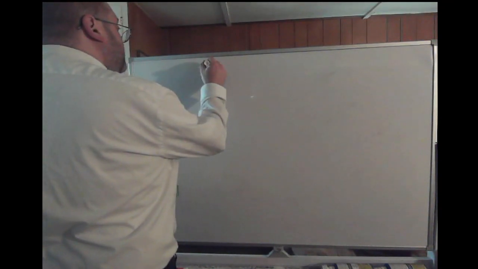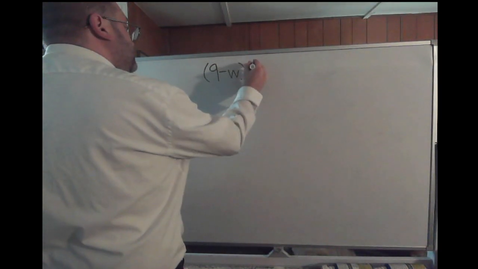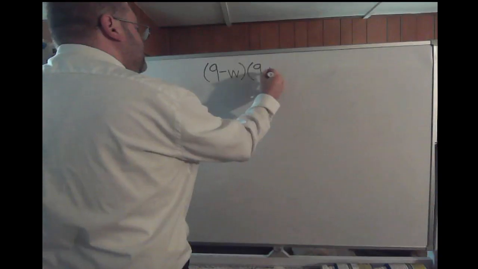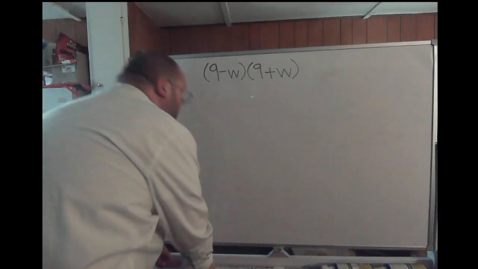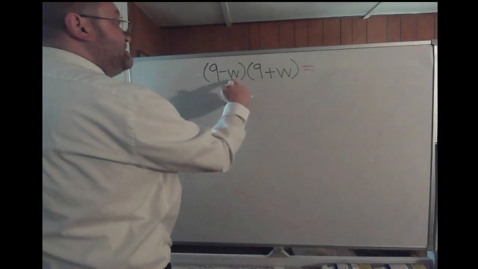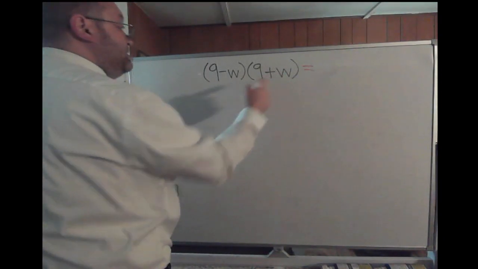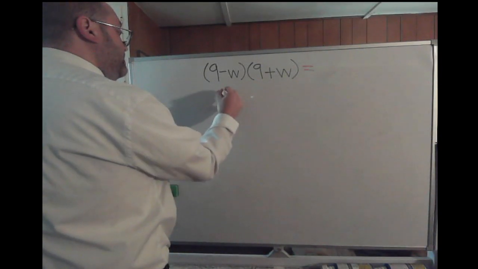Alright, this one. We got 9 minus w times 9 plus w. Okay? Well, we got the same constants of 9 and the same variable w, one's plus, one's minus. So 9 times 9, that's 81.